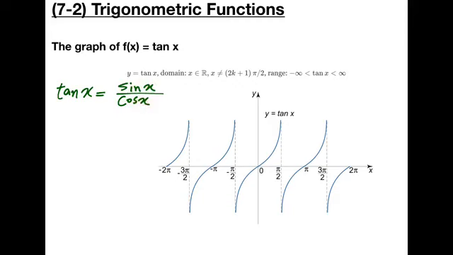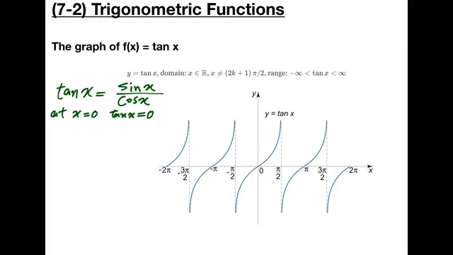So at x equals 0, tangent of x becomes 0, because it is of the form 0 over 1, and that gives us 0. So at 0, the function goes through the origin, 0 and 0, and that's what you see over here.